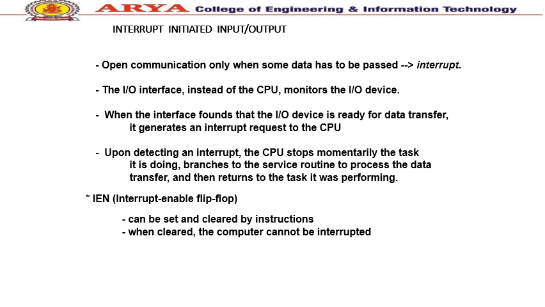Upon detecting an interrupt, the CPU stops momentarily the task it is doing, branches to the service routine to process the data transfer, and then returns to the task it was performing. IEN means interrupt enable flip-flop. It can be set and cleared by instruction; when cleared, the computer cannot be interrupted.